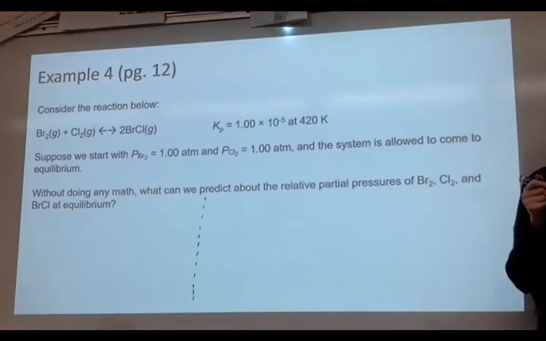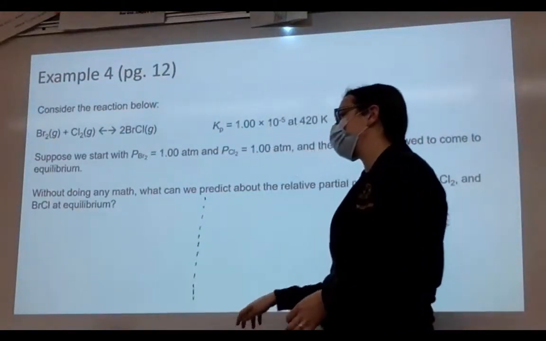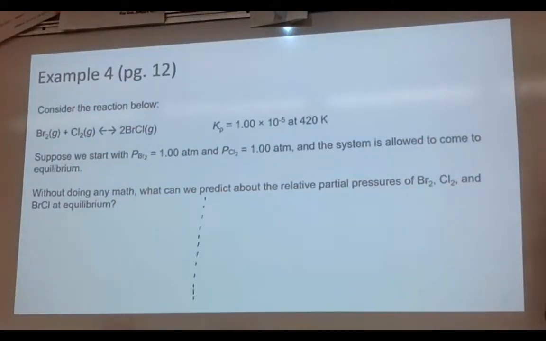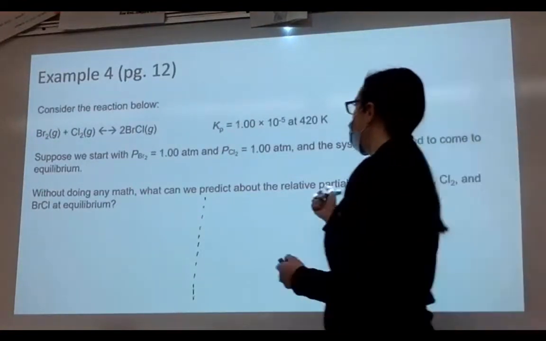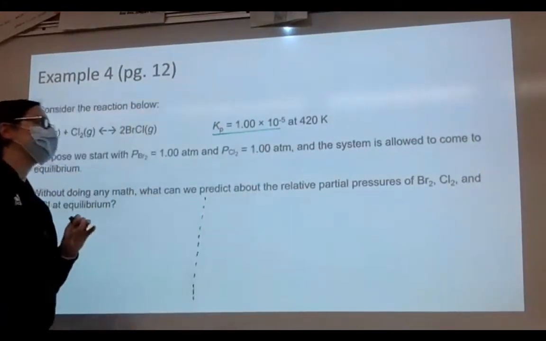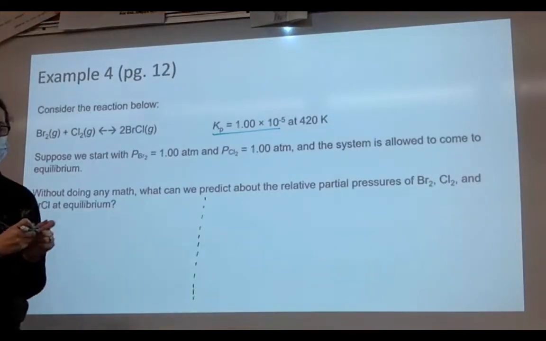So I recommend splitting it off center so that here we have space to answer the conceptual question, and then we can also look at the math. For this example, it says consider this reaction below, and they give us the Kp value. When you are given a Kp value, underline it, circle it, box it, something, so that you can go back and reference the K value if needed.